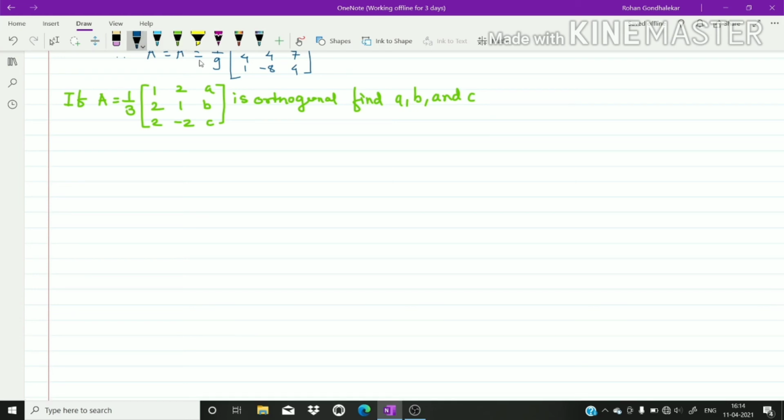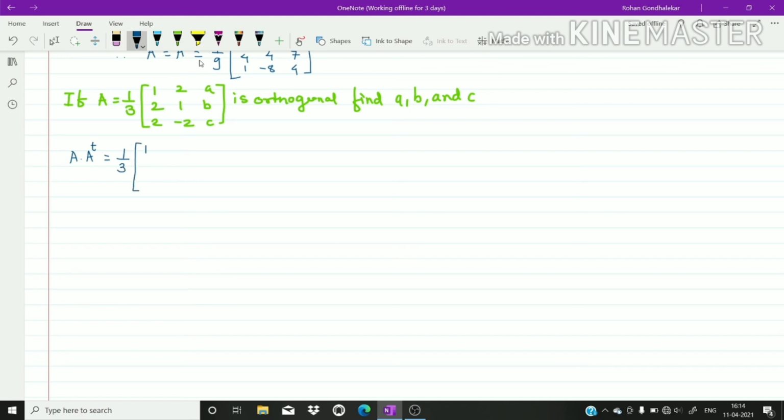In this problem, there is no need to calculate A into A transpose and A transpose into A. You need only either A into A transpose or A transpose into A. So let's begin with that. A into A transpose, I directly get the A transpose in this example.